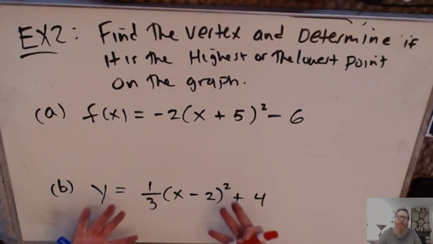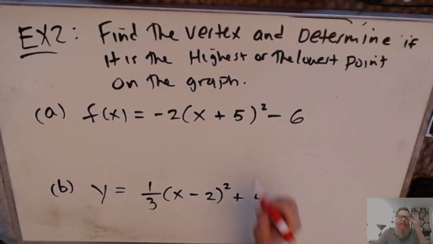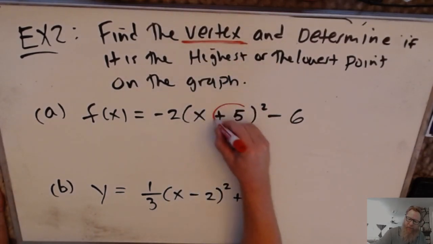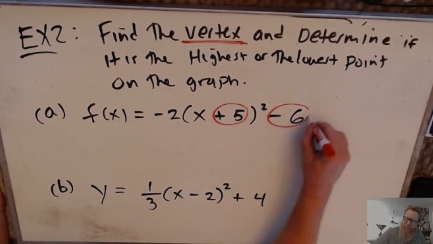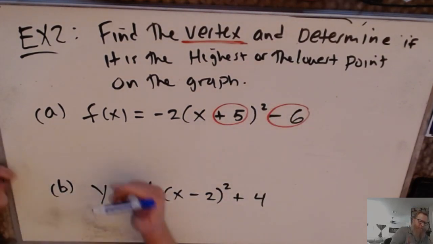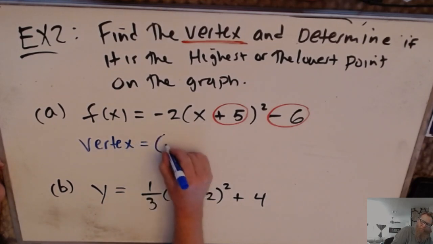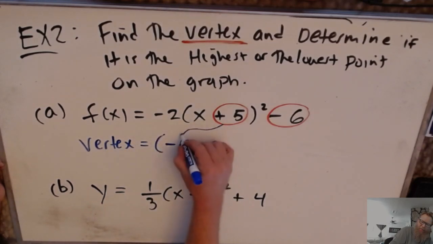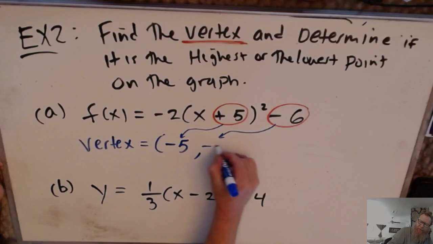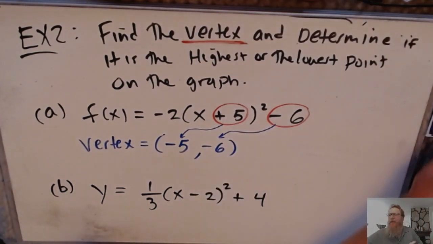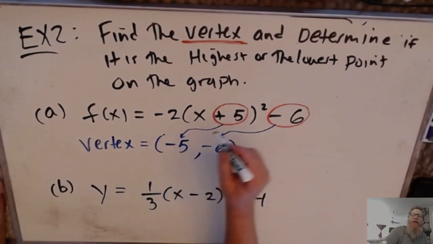Okay, now these are in vertex form, so the vertex is easy to read. Find the vertex. Opposite of 5 and exactly -6. Okay. Now look at the leader.